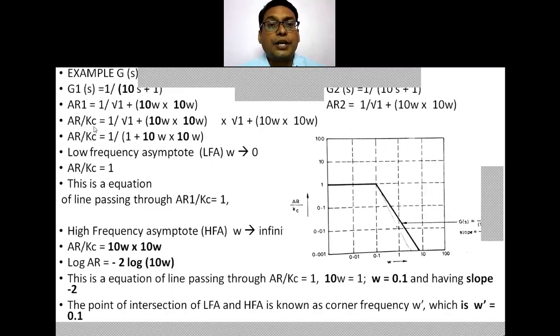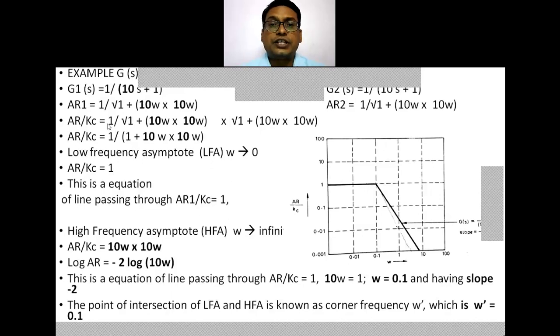So the overall amplitude ratio is the multiplication of the two amplitude ratios. So amplitude ratio 1 into amplitude ratio 2 will be equal to the overall amplitude ratio.